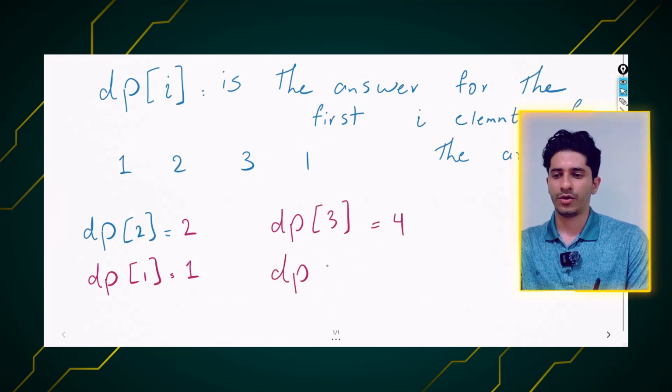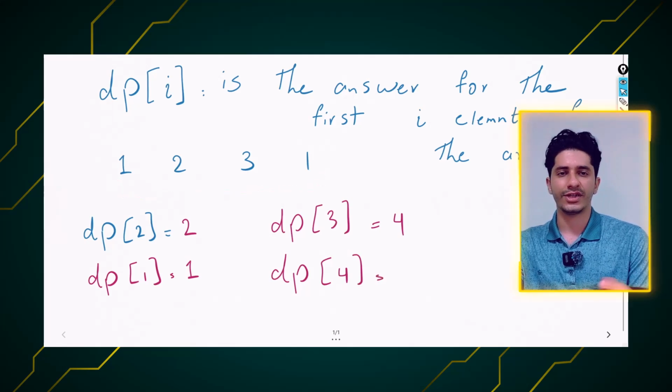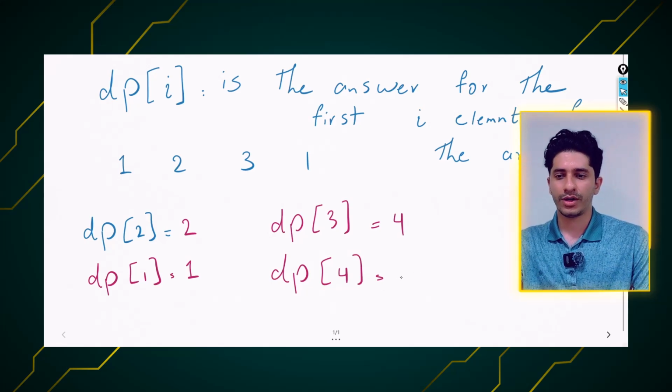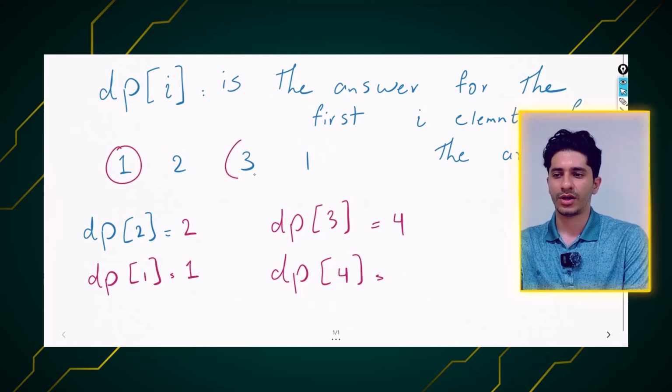And DP of 4 says that consider we have the first 4 houses. It means that consider we have our initial array. So DP of 4 is exactly the answer for this example. And we know that the answer to this example was 1 and 3, which is 4.